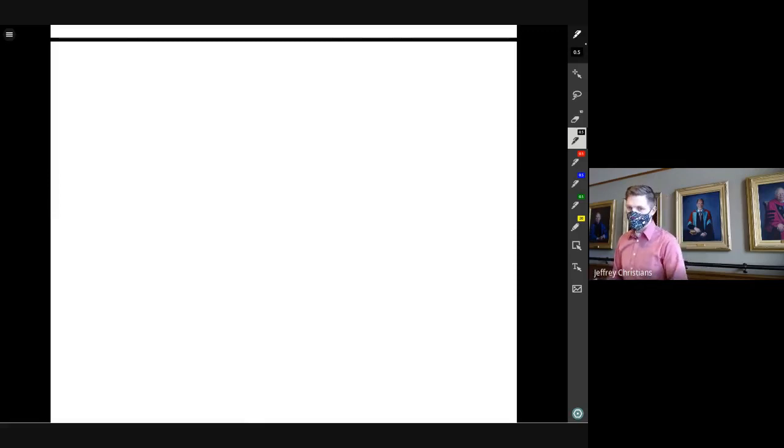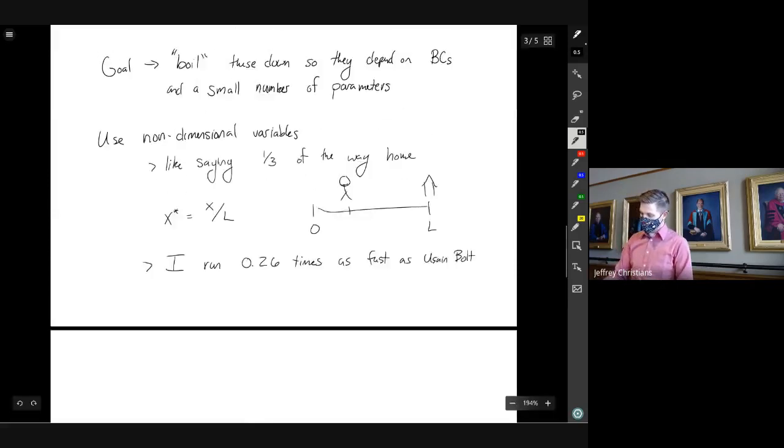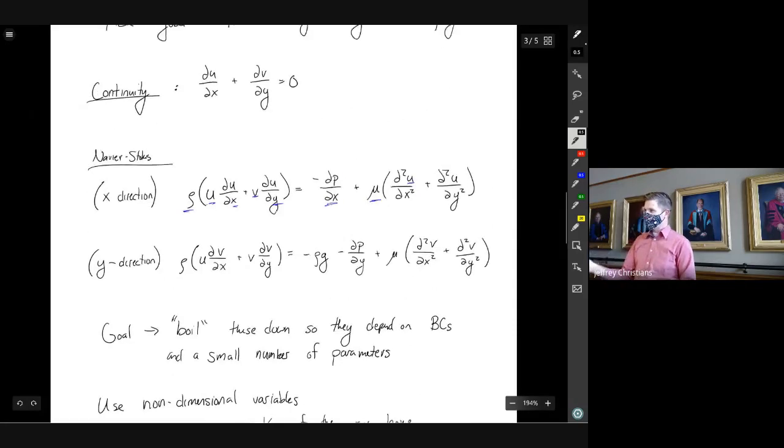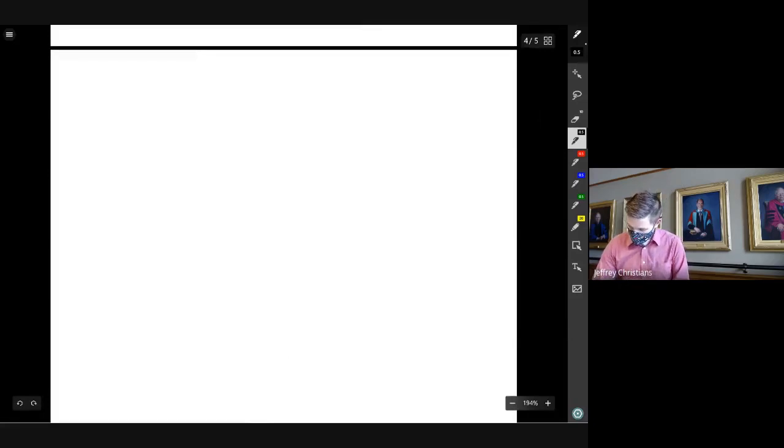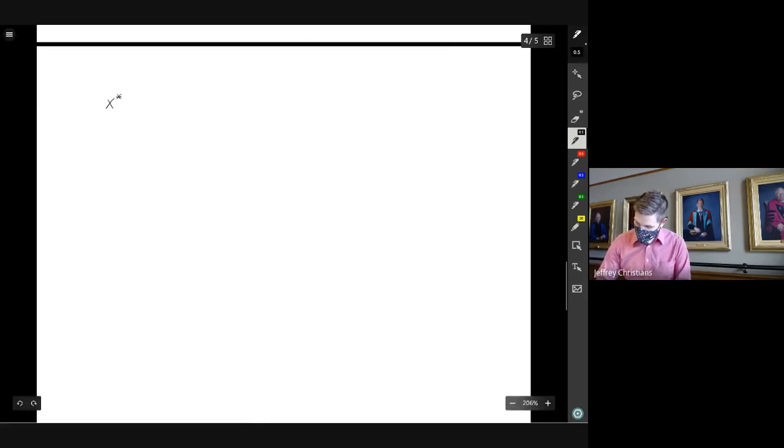Okay, so our non-dimensional variables. If we took the continuity equation and the Navier-Stokes equations, we're going to have non-dimensional versions of all of the variables in our problem. So x star is x divided by some distance.